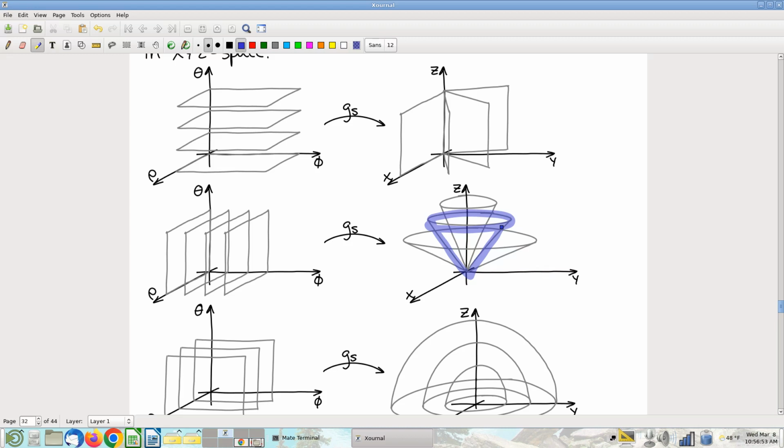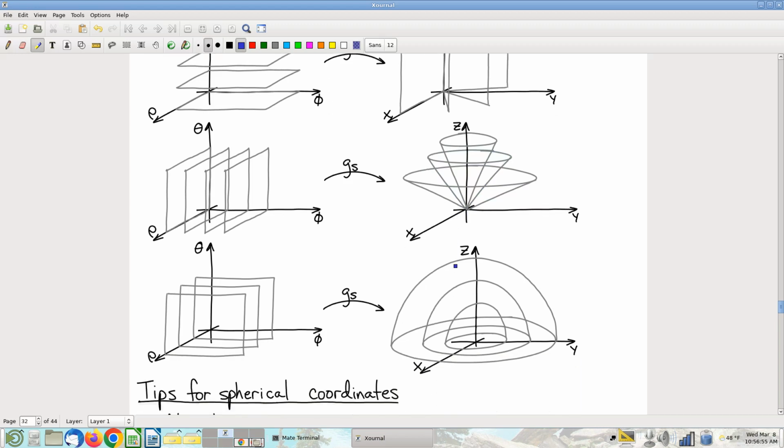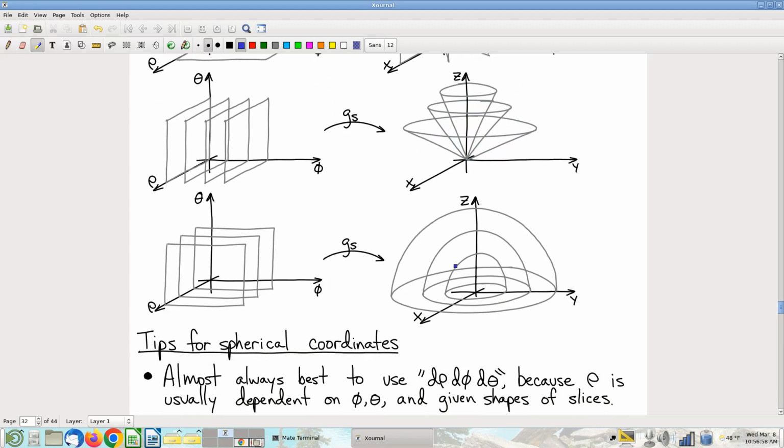So that's not the worst thing in the world. Here, where it's just absolutely unrelatable, but constant values of rho are spheres. And you can't do that with a knife. At least not with a straight knife. You'd have to have a bent one. They probably have such a thing. But a bent knife, I suppose you could do that. But point being, weird though it may be, this is what a rho slice looks like.